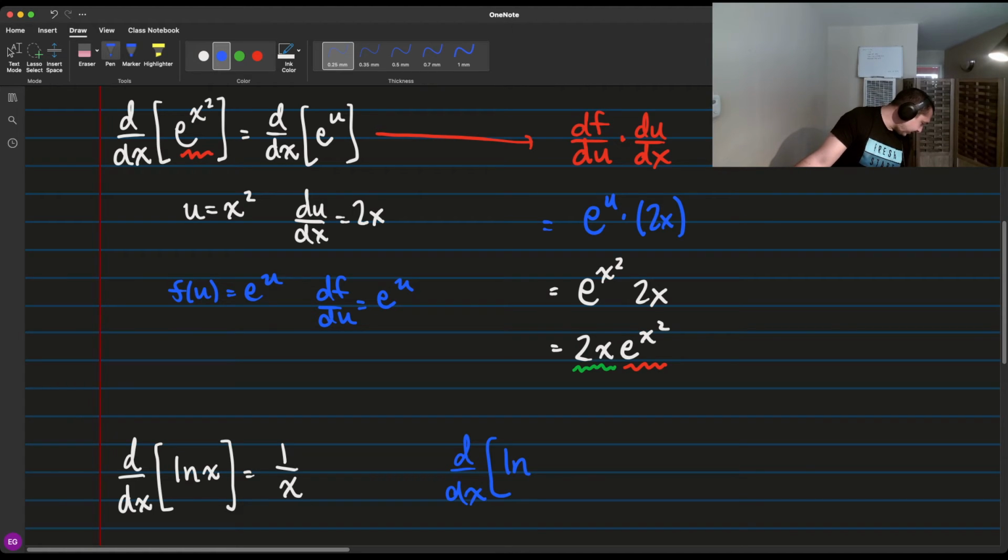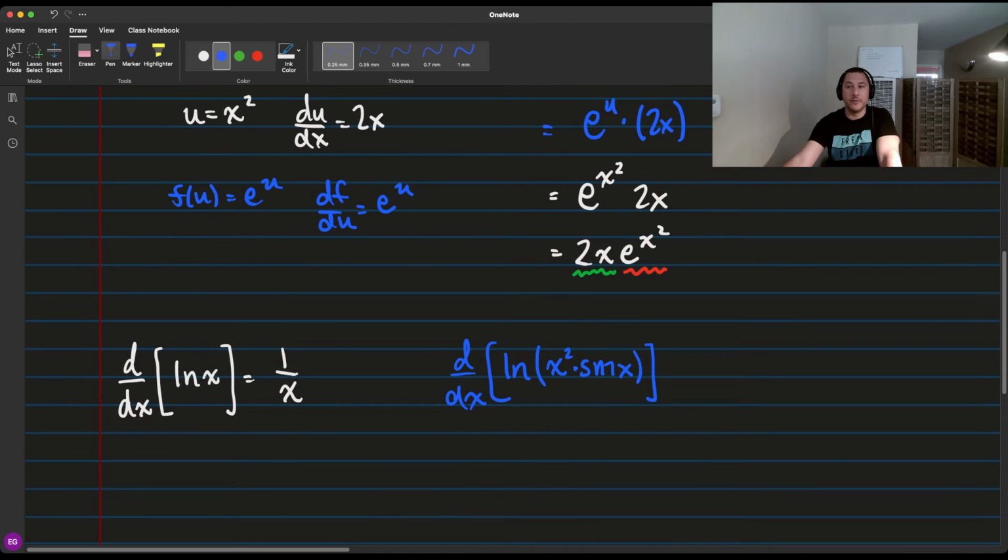Let's say you want to take the derivative of the natural log of x squared times sine x. So it works just like what we did before. You set your u equal to what's inside there, x squared times sine x.